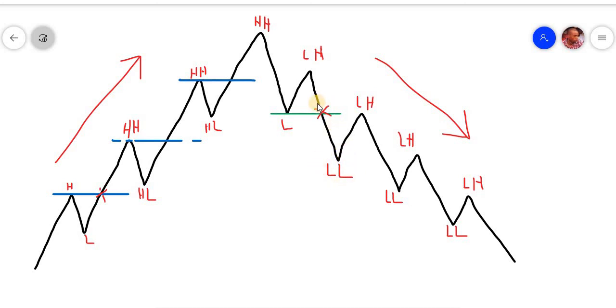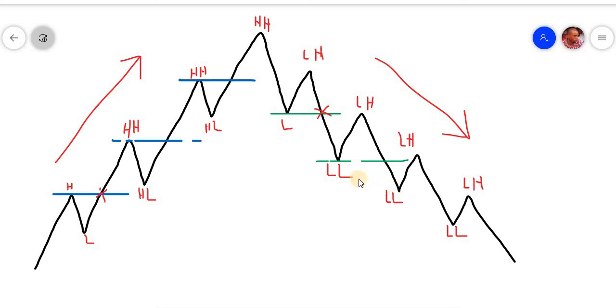Price breaks this low at this level to form a new lower low. The same thing applied here. Price breaks this lower low to form a new lower low. So as long as price continuously breaks lower lows, you continue to have the trend in a downtrend fashion.